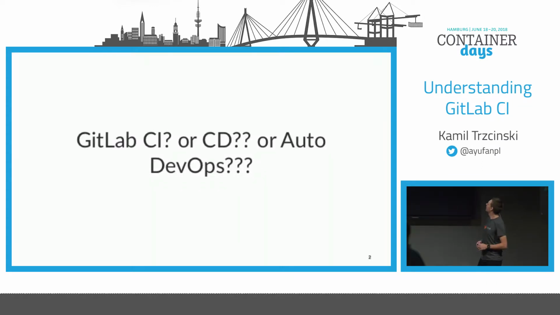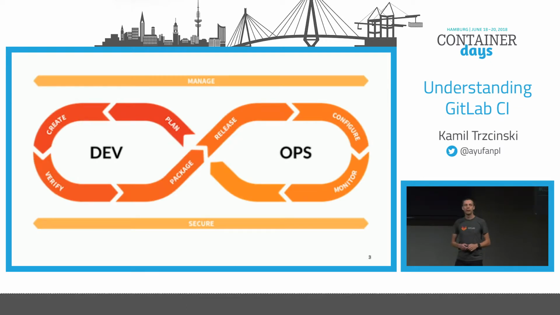We are back. It's confusing because it's not really clear what it's all about. At GitLab, we actually describe the GitLab CI, but it became much more than only GitLab CI. We try to make a single application that covers all these aspects.